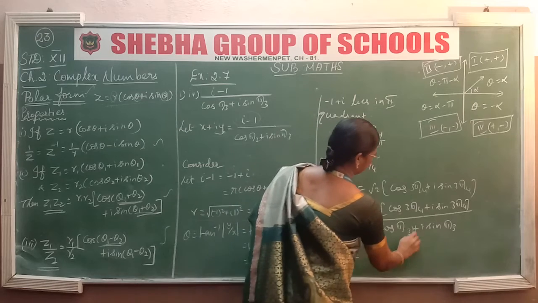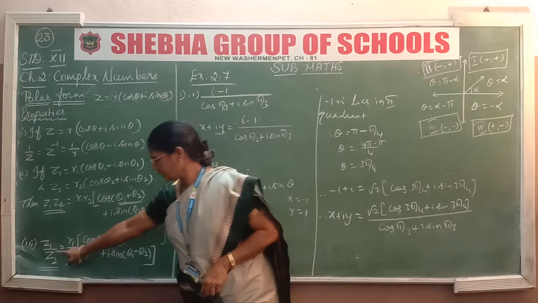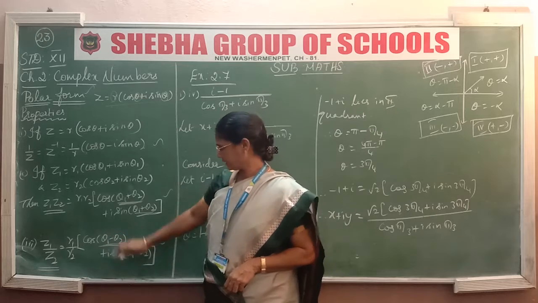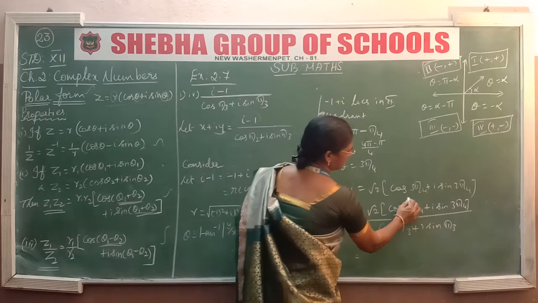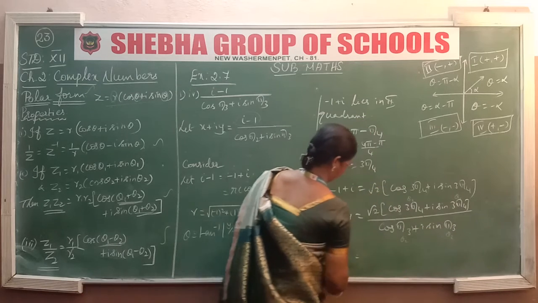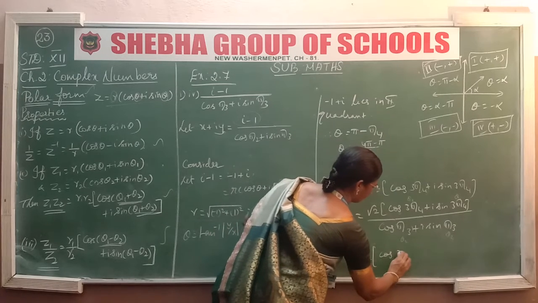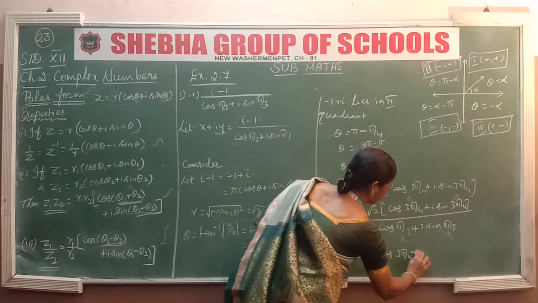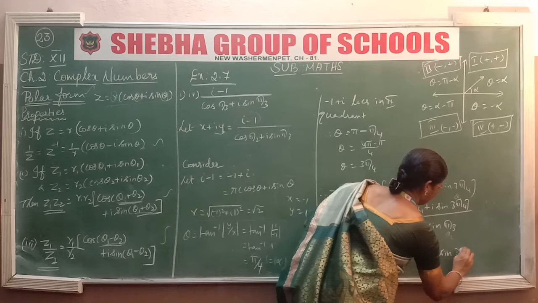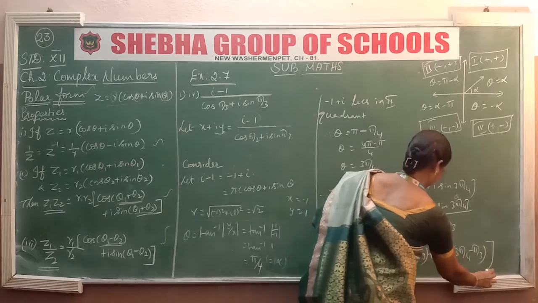Listen to the property: this is the quotient form, isn't it? Quotient means z1 by z2, the argument is in subtracting order. So this is our theta 1 and this is our theta 2. Using the property we get root 2 into cos of 3 pi by 4 minus pi by 3 plus i sin of 3 pi by 4 minus pi by 3, that is theta 1 minus theta 2 form.